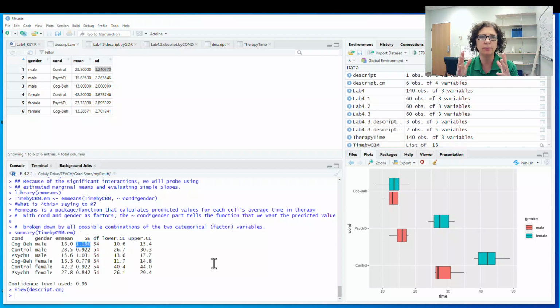If that's a very big standard error, it means that it's not sure about that estimate. And they also gave you the lower and upper confidence interval for the estimate. So when you're making a table, you would use the estimate, the emmeans estimate, and the SE. Let's see what that looks like.